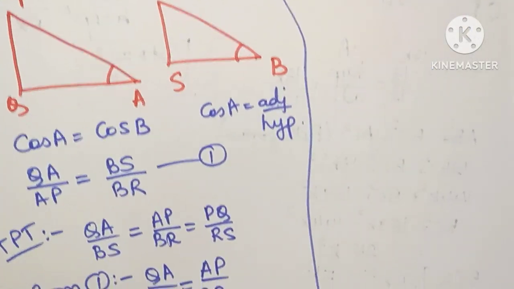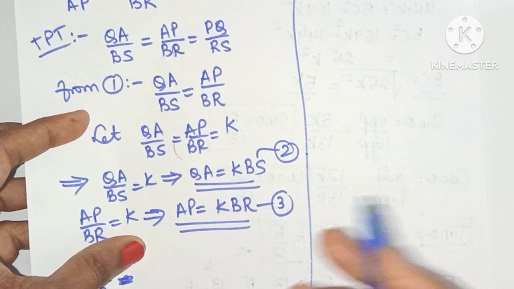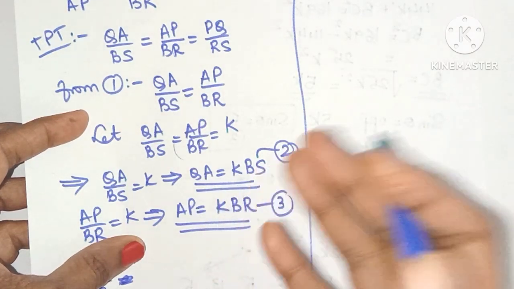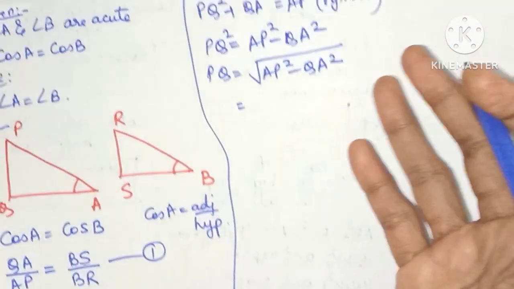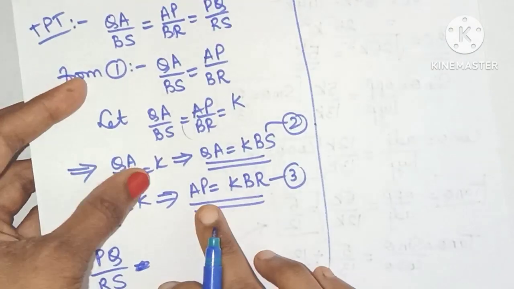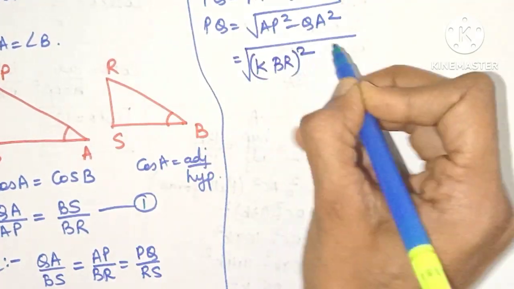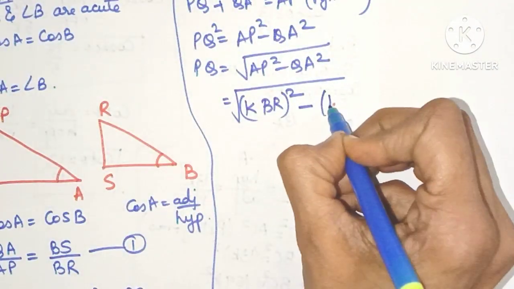But just have a look at this. I have just now written AP as K BR and QA as K BS. So why not substitute the values over here? So instead of AP, all I'm doing is write K into BR. That's it. So K into BR, the whole square, minus QA, I'm going to write as K into BS.